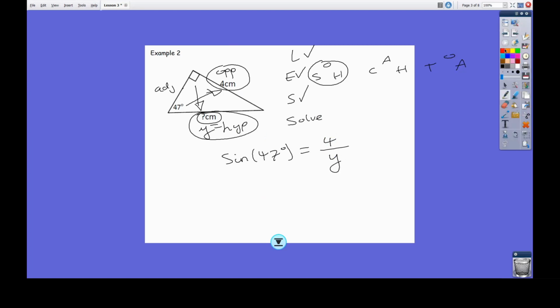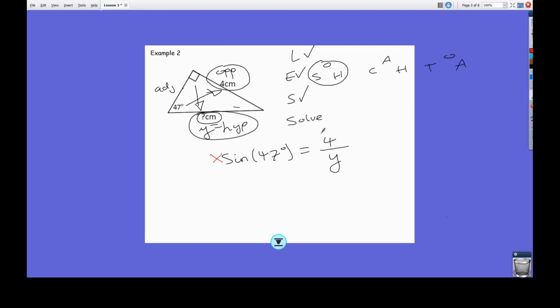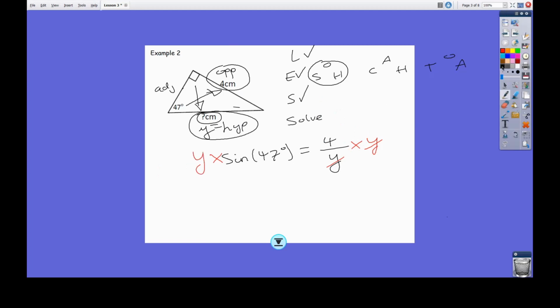Same procedure as before. We're going to multiply both sides by y first, so that we cancel out the y's on the right-hand side, because obviously timesing by y is the opposite of dividing by y. And on the left-hand side, I have y times sine 47.